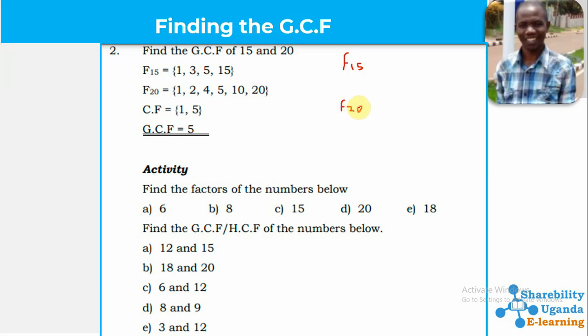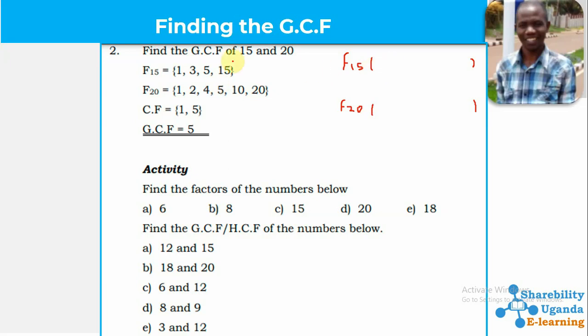Factors of 20. Okay, so these are numbers when multiplied give us what? They give us 20. If we say 1 times 15, we get 15. Then 3 times 5, we get 15. 5 times 3, we get 15.